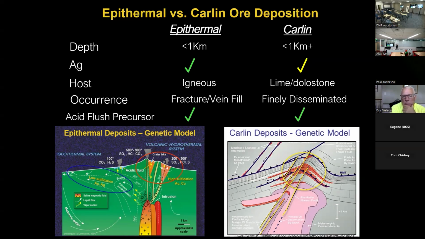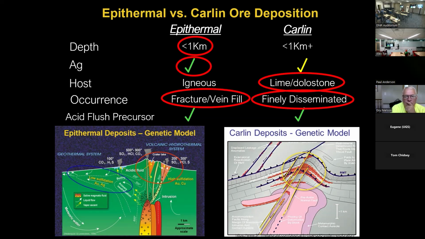Now, what about Silver Reef? Okay, we're less than 1 kilometer. We're with silver, but the host isn't igneous. It's sedimentary. So it has a little bit of characteristic of a Carlin deposit. There are fracture fills and fault fills at Silver Reef, but it's also finely disseminated as well. And they both have an acid pre-flush.